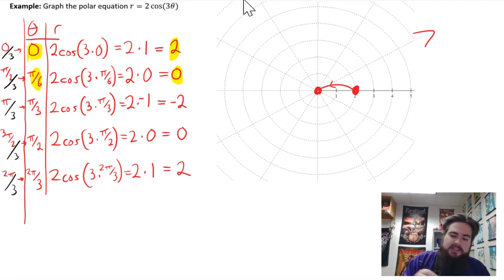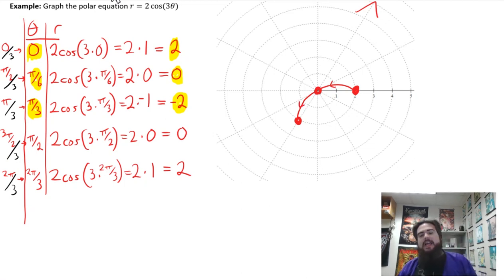My next point is at pi thirds is what I plugged in, and I got -2 in response. So that means face towards pi over 3 and walk a distance of -2. So that actually pushes us back into, in the Cartesian plane, what would be quadrant 3 over at this point here. And that curve seems to naturally flow into the next point then. Just like that.